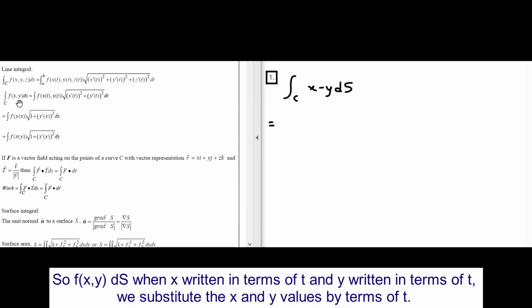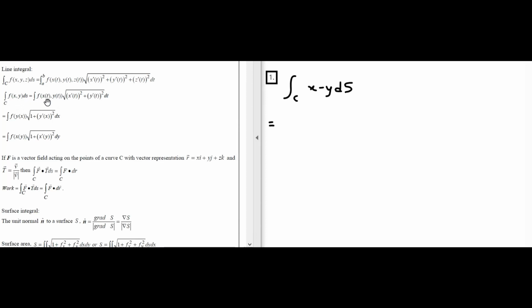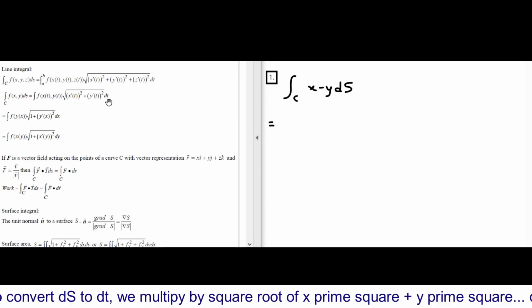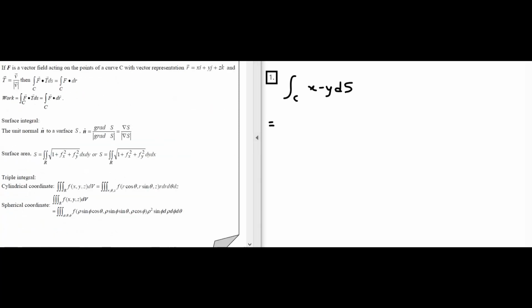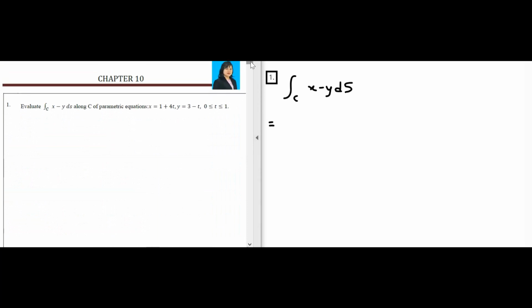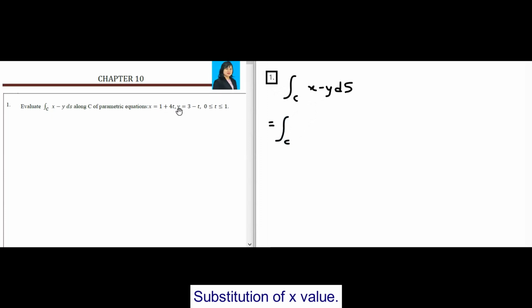Okay, so for f(x, y) ds, when x is written in terms of t and y is written in terms of t, we substitute the x and y values by terms of t. To convert ds to dt, we multiply by the square root of x prime squared plus y prime squared dt. Substitution of the x value.